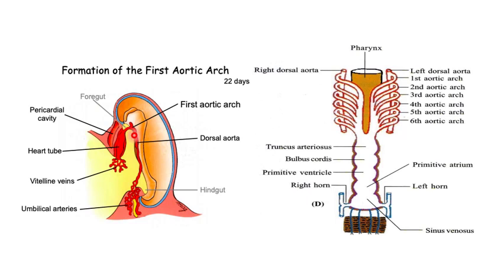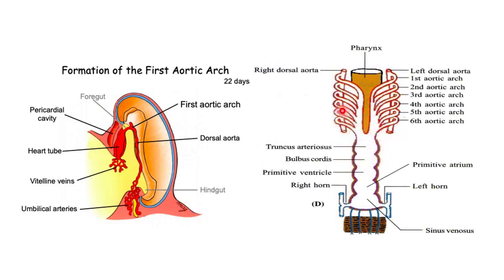And this further bifurcates into branches known as the aortic arches, and this is the developing pharynx. These are the aortic arches from the cranial end of the developing primitive heart tube.